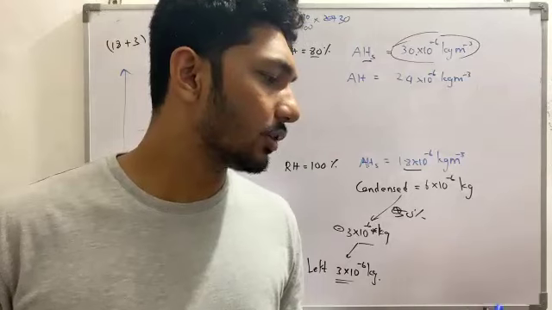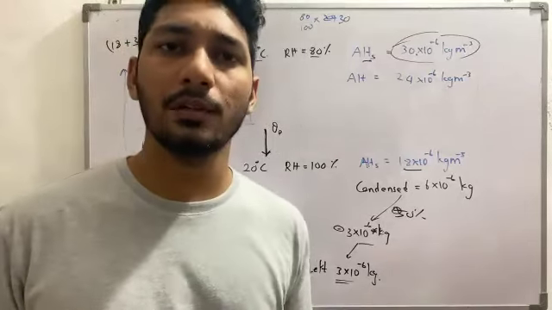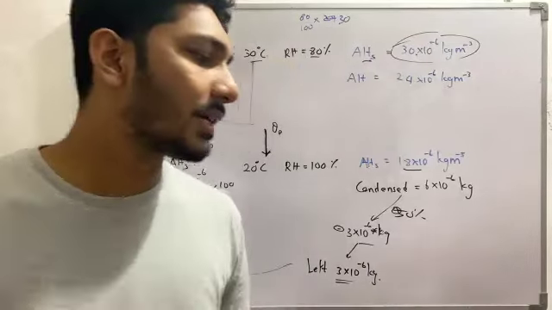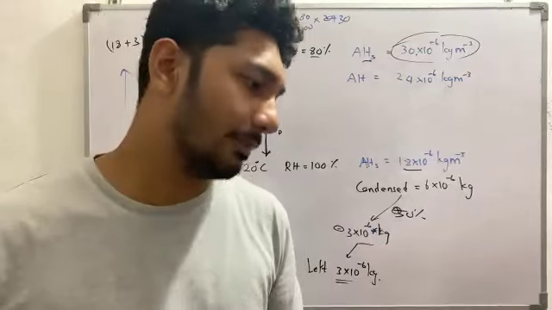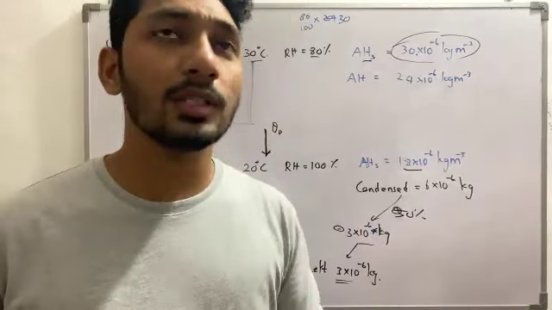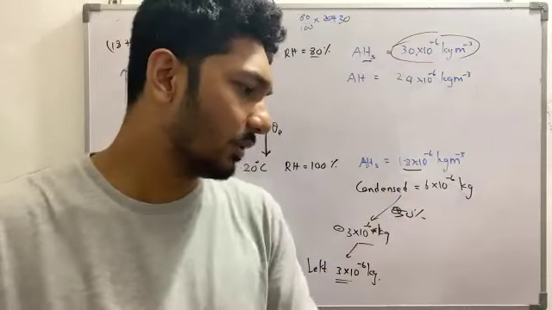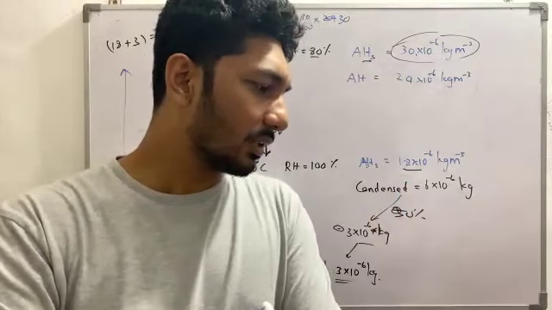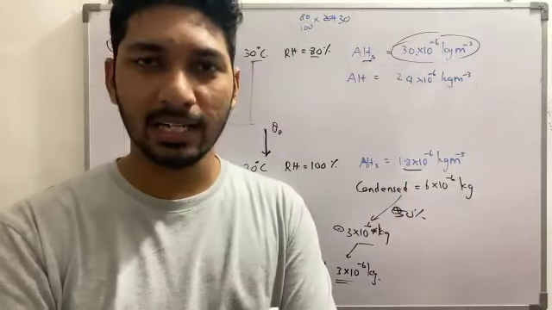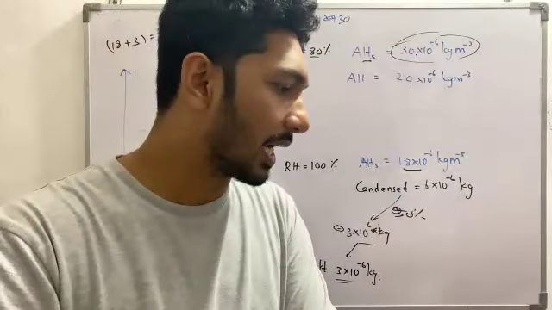So you have to note that the mass small m is different from the total mass. The total mass is given as capital M, but the mass that vaporizes is given as small m. Okay, so don't put both small m's or both capital M's. That is one mistake you will make, but that will give you a wrong answer, and that answer is not there in the answers. So you are safe. Then you have to spend more time.